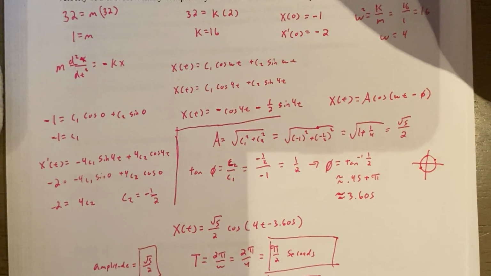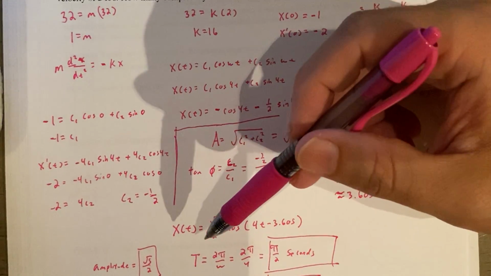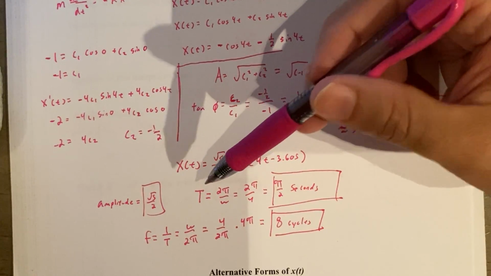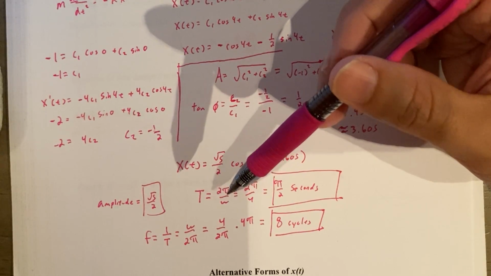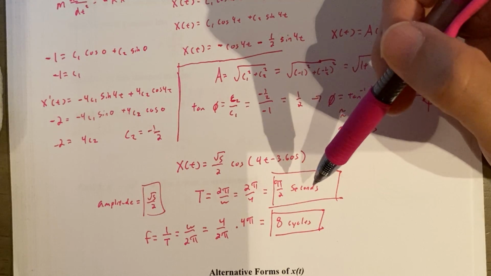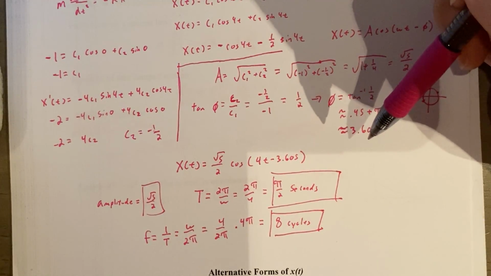The period of motion is not going to be too difficult. Going back to the previous page, it gives us that the period of motion is just 2 pi over omega, and our omega was 4, so 2 pi over 4, so pi over 2 seconds is how long it takes to complete one cycle.